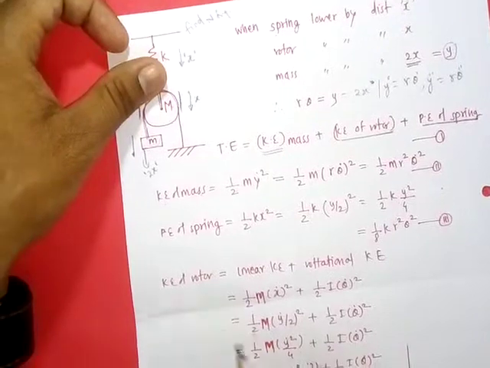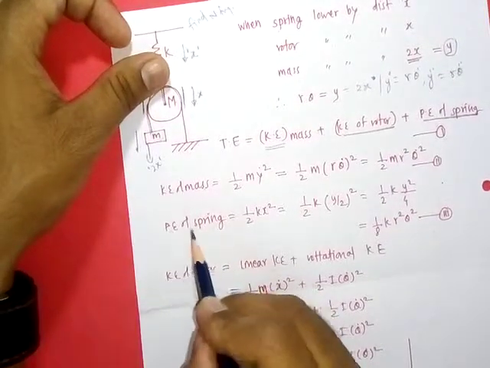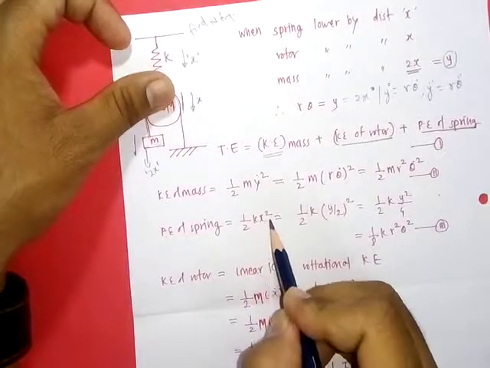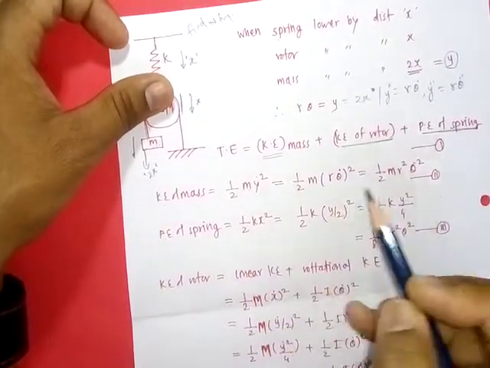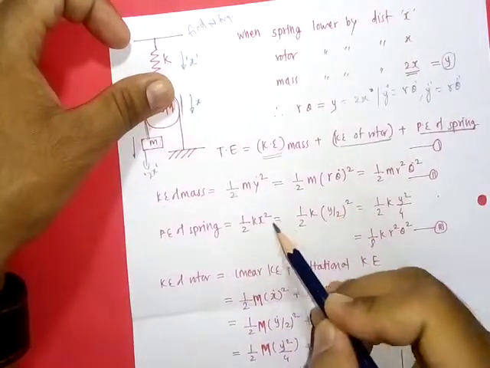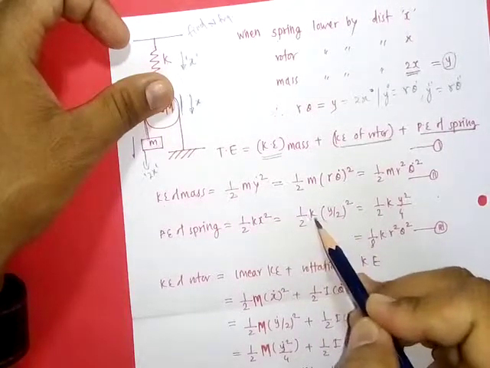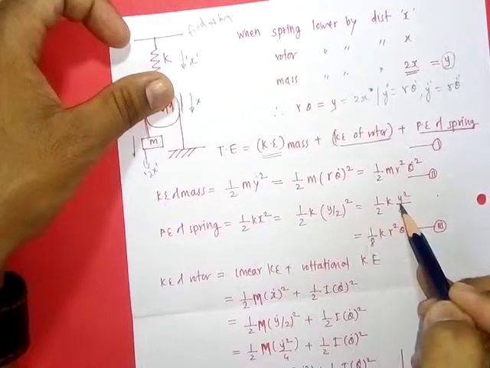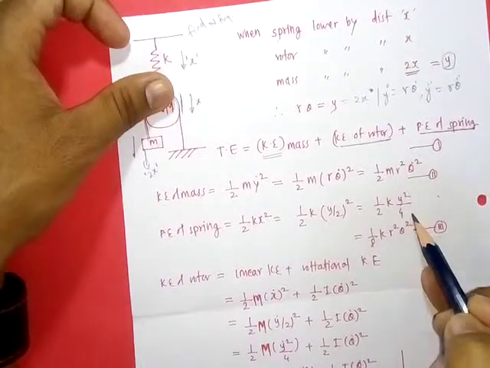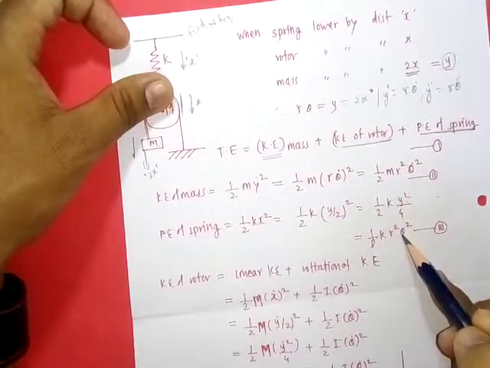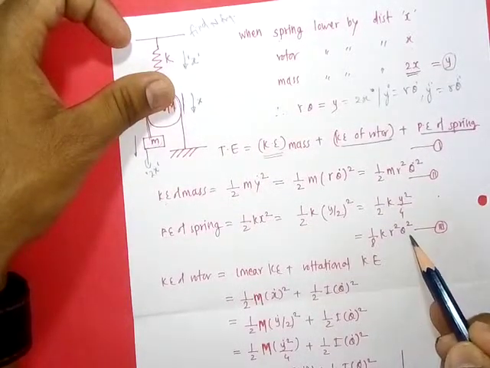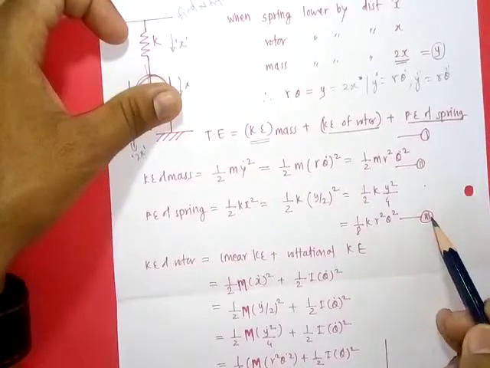Then the potential energy of the spring is equal to 1/2 k x square, but x is half of y, so it is equal to 1/2 k (y by 2) square, which becomes 1/2 k y square by 4. Putting the value of y in terms of theta, we get 1/8 k r square theta square. So this is the third equation.